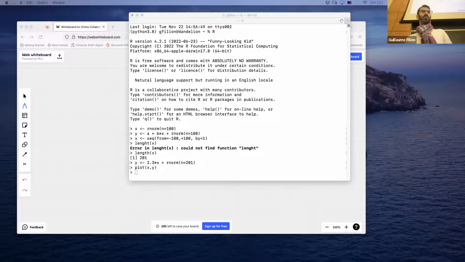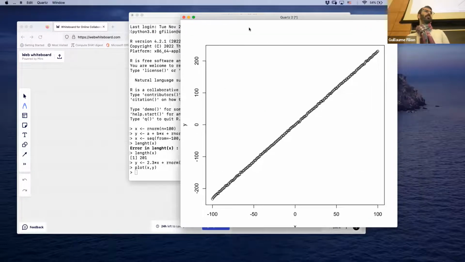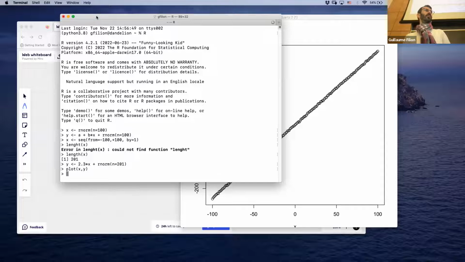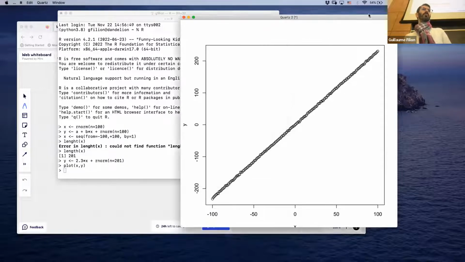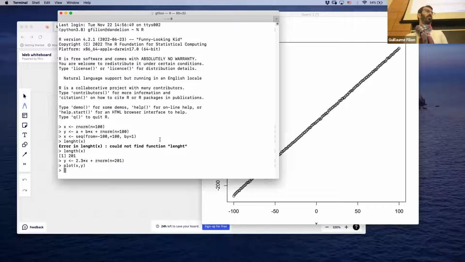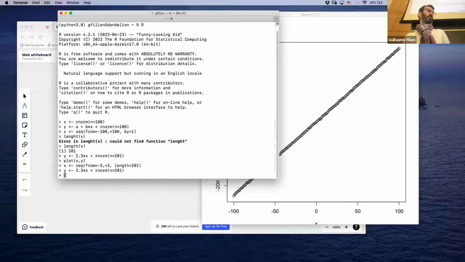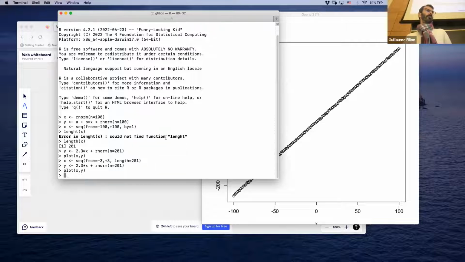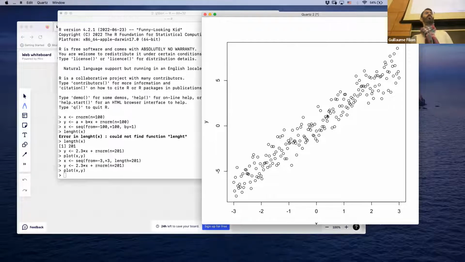I'll probably have to change my numbers a little bit, because now this is a little bit too deterministic. So I'm just going to change it to make it a little bit more random. Instead of x being everything from minus 100 to plus 100, I think from minus 3 to plus 3, with the length being 201, is going to be more fun this way.